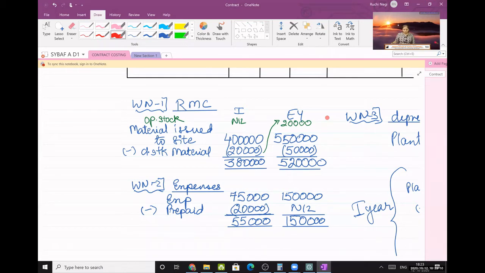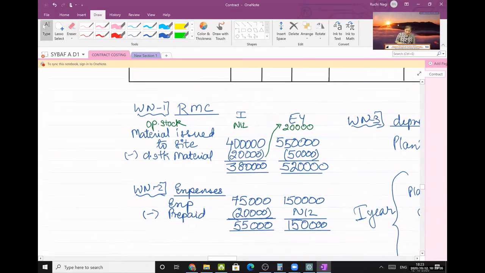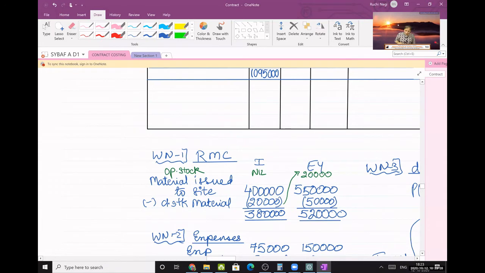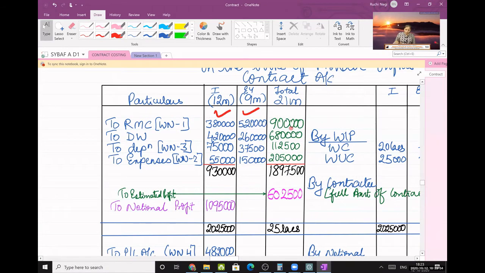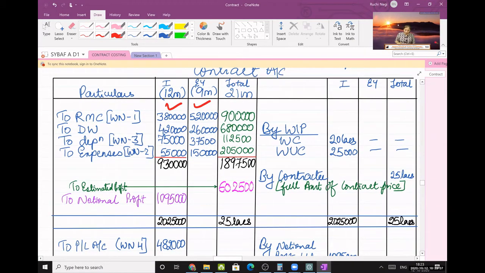ओके, so 5,20,000, 3,80,000 and 5,20,000. Then prepaid 75, 1,50,000. So here I have written then 3,80,000 and 5,20,000. Okay, we have to prepare the total column.